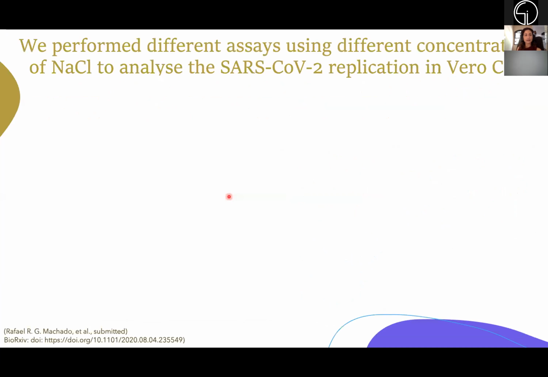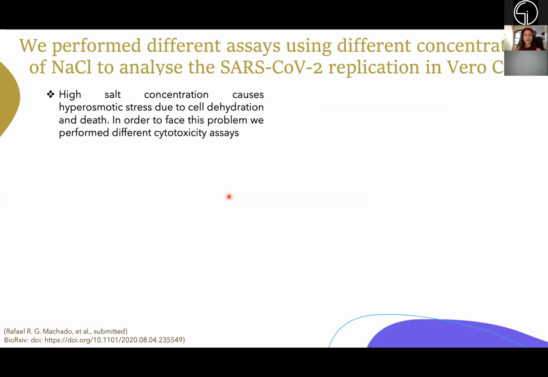Based on that, we performed different assays using different concentrations of NaCl to analyze SARS-CoV-2 replication in Vero cells. But first of all, we know that high salt concentration causes hyperosmotic stress due to cell dehydration and death.